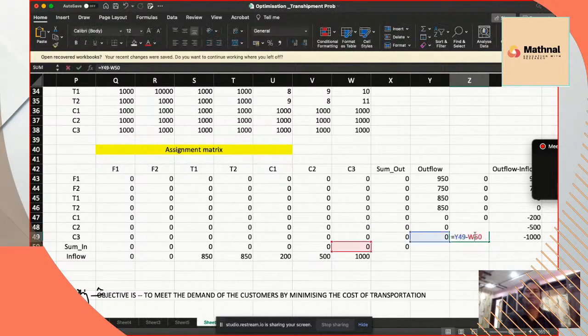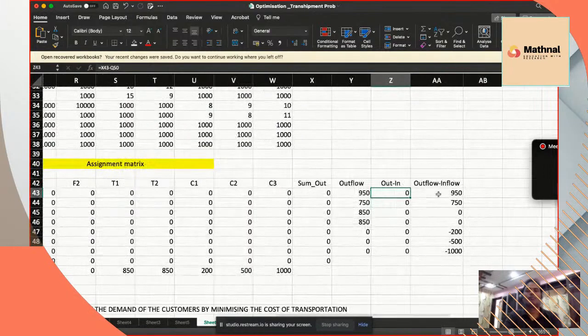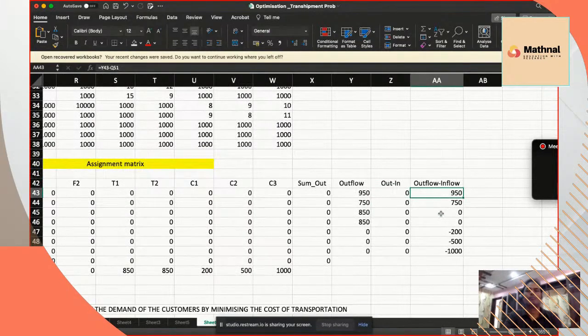And this is perfect. This is out minus in. Okay, this is outflow minus inflow. This is my constraint. Okay, so I have defined the constraint.